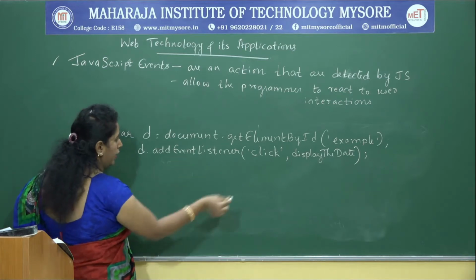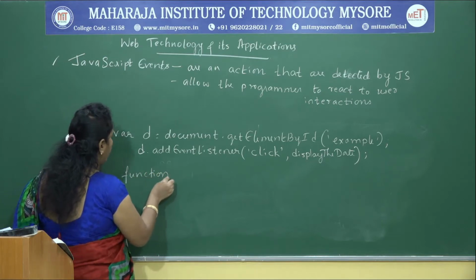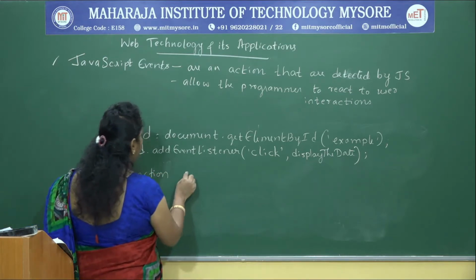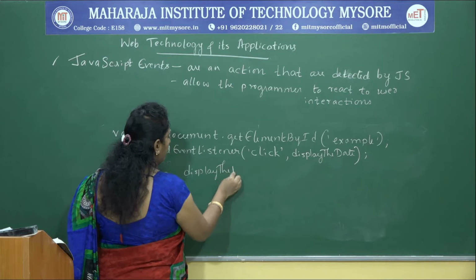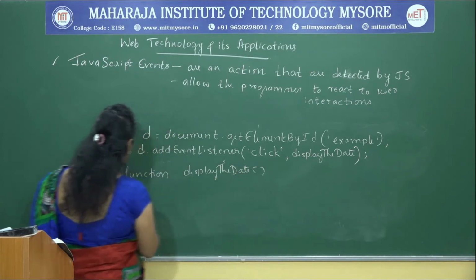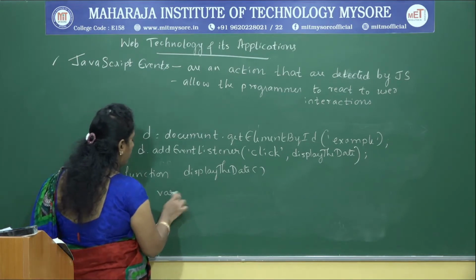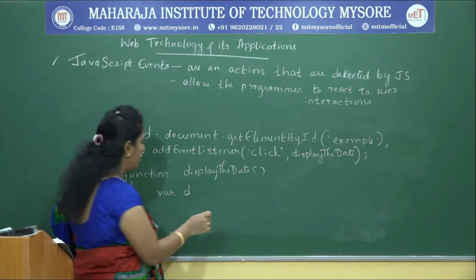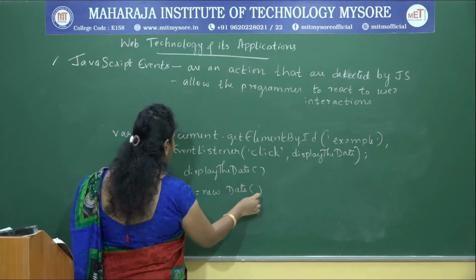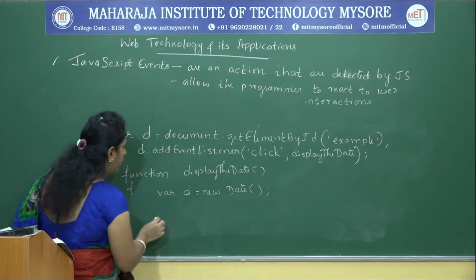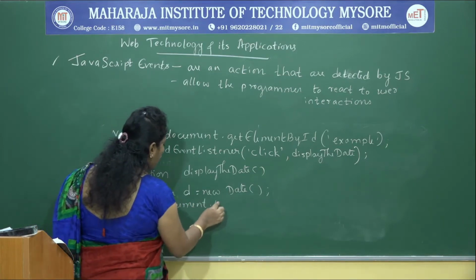Next, displayTheDate is a function, and we need to define that function. How to define it? With the function keyword. Then the function name is displayTheDate. Here I take one variable, D equals new Date. Date is an object used to create a date. Then to print I use document dot write.